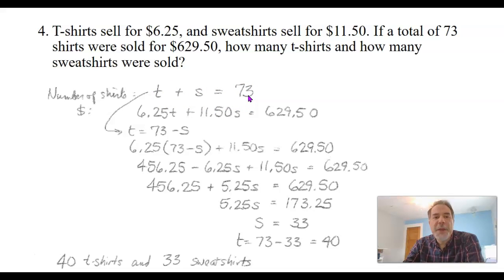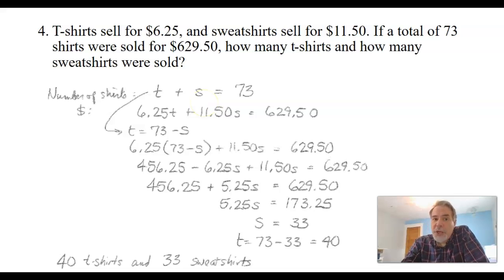And then when you look at the amount of money that represents, $6.25 for each T-shirt, so $6.25 times the number of T-shirts sold, plus $11.50 times the number of sweatshirts sold, should equal $629.50 for the total amount of money. So what we have here is a system of two equations involving the two variables T and S.